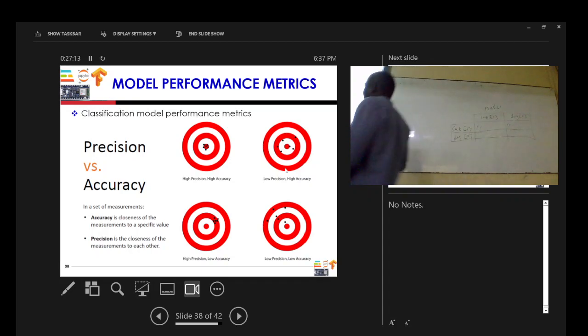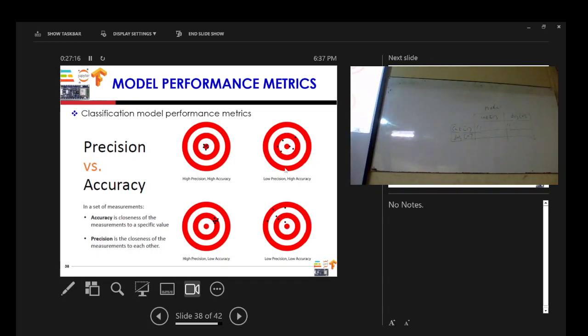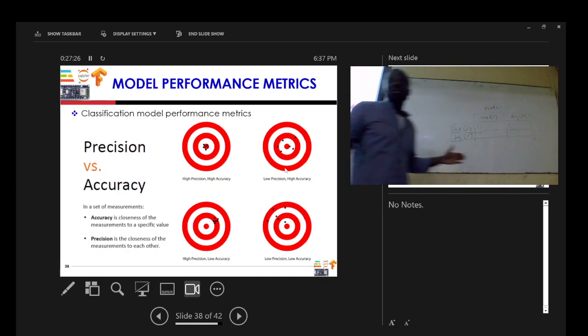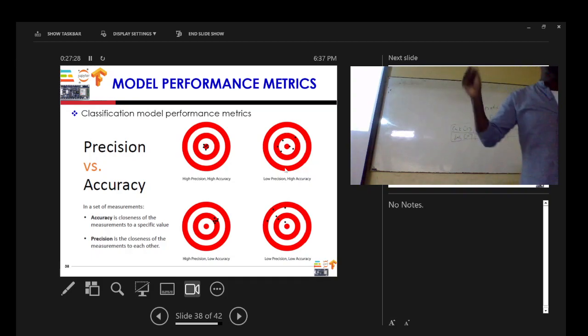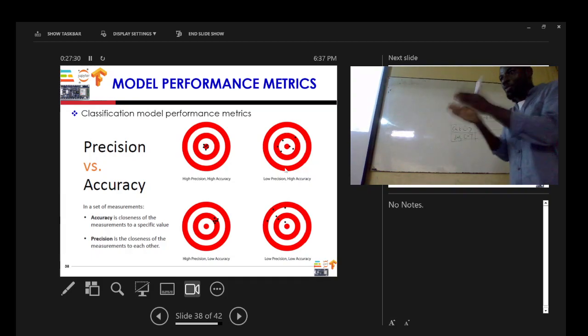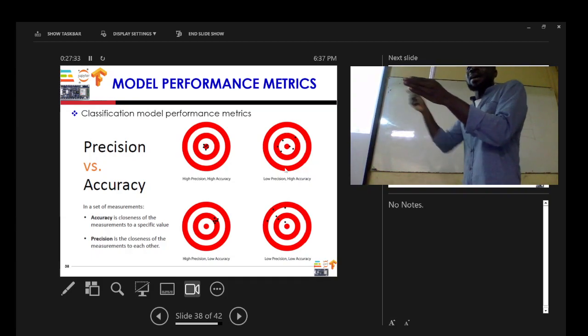Now, when I come here, the aim is to hit the dot, but all of them hit here. So your accuracy is very low, but your precision is very high, because precision is how close your throws are.